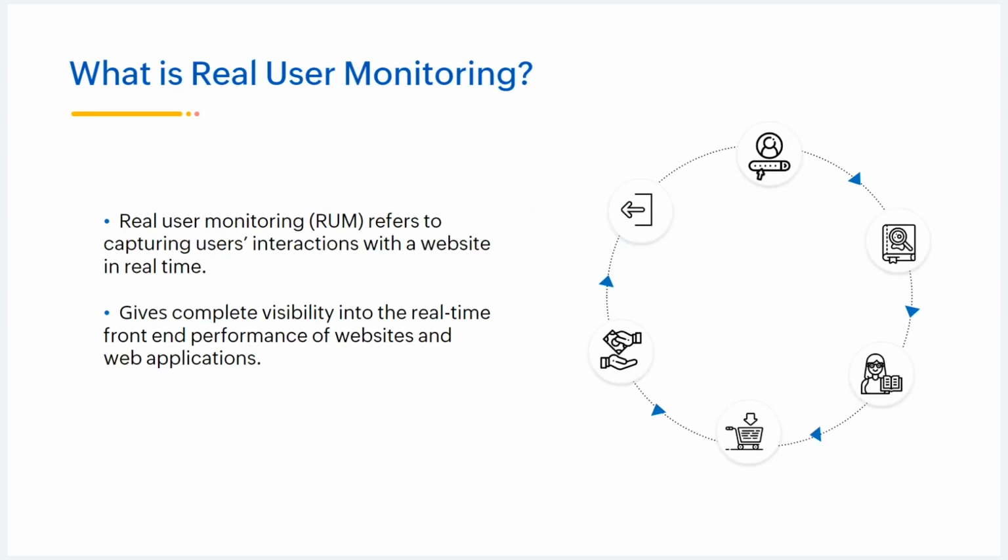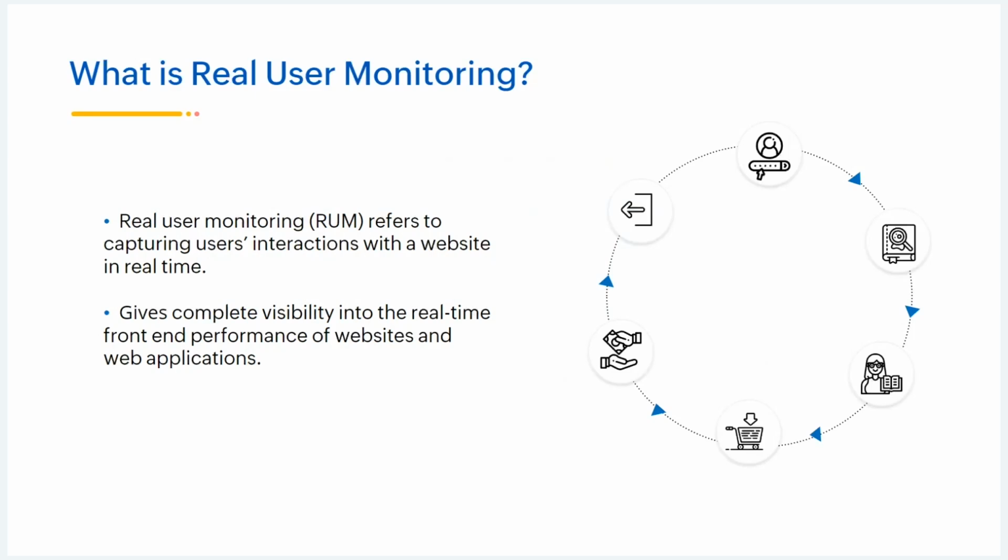This information helps you optimize your website's performance. Unlike synthetic monitoring, which tests a website before users interact with it, real user monitoring actually observes the users interacting within your website.